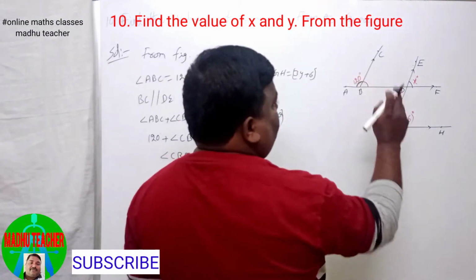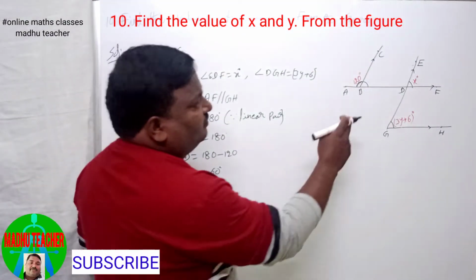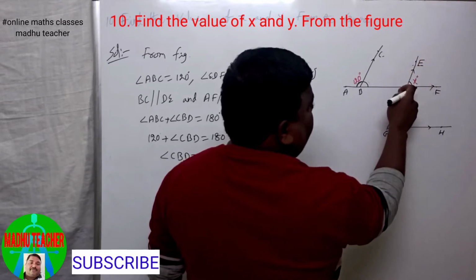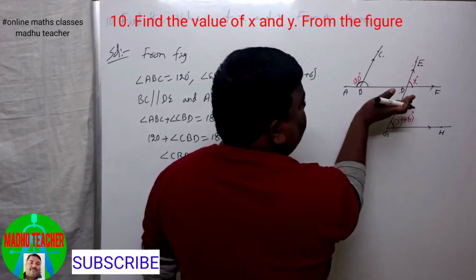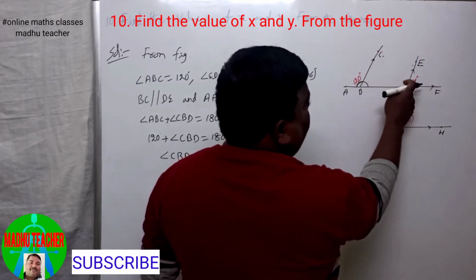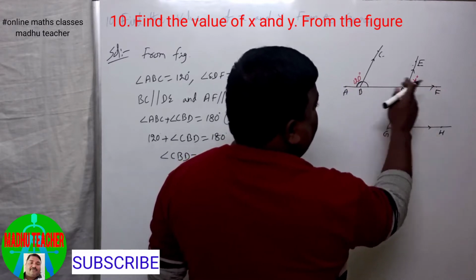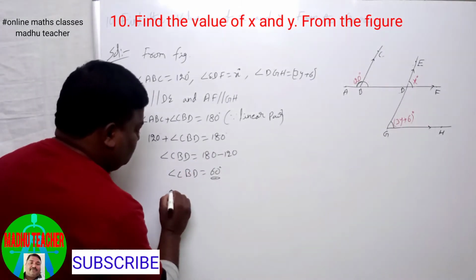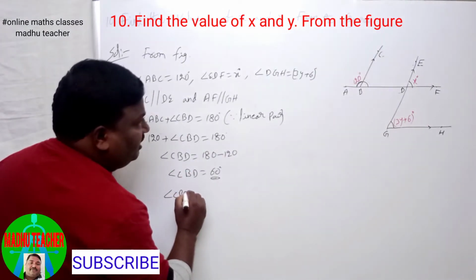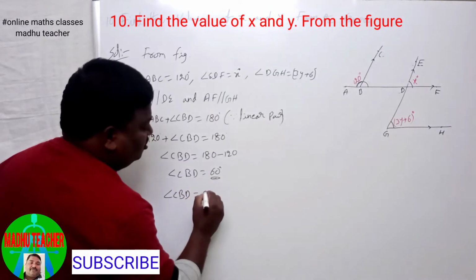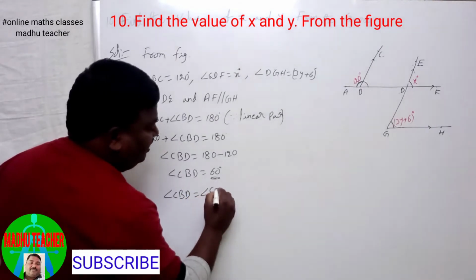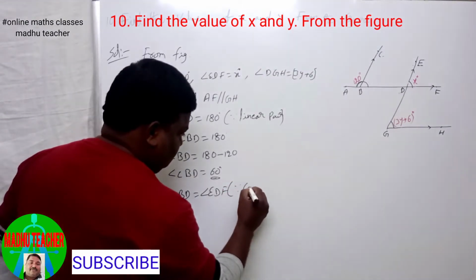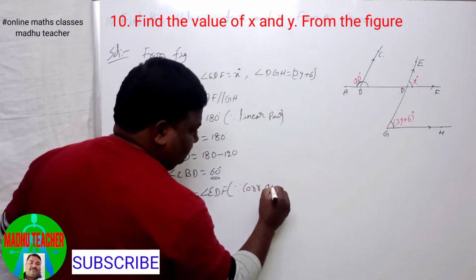Got this. This is the 60 degrees. And observe these two angles, CBD and x, that means EDF. We know that these two are parallel and this is the transversal. Therefore, these two are corresponding angles. So, angle CBD equal to angle EDF, since corresponding angles.